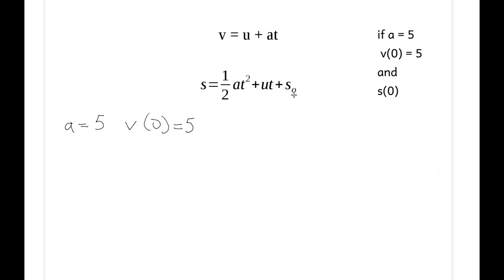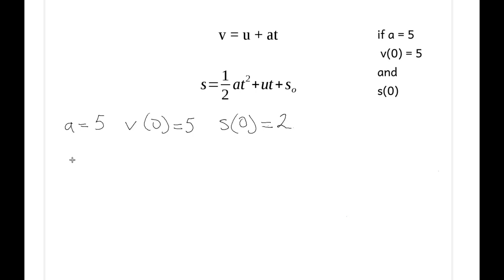So there's an initial displacement, and let's say that our initial displacement, so that's at time 0, is equal to 2 meters. So that's what that O stands for. Original is probably a better way of putting it. So original condition, 2 meters.